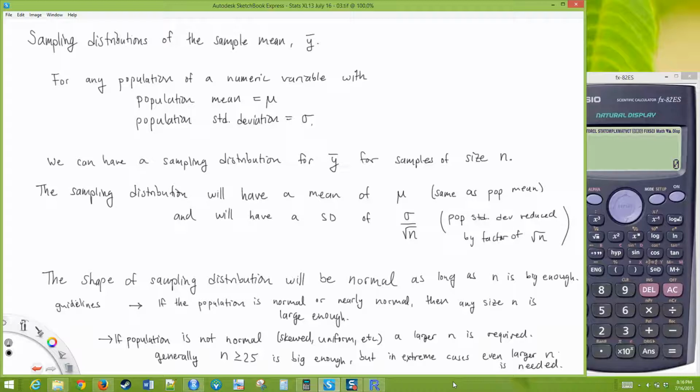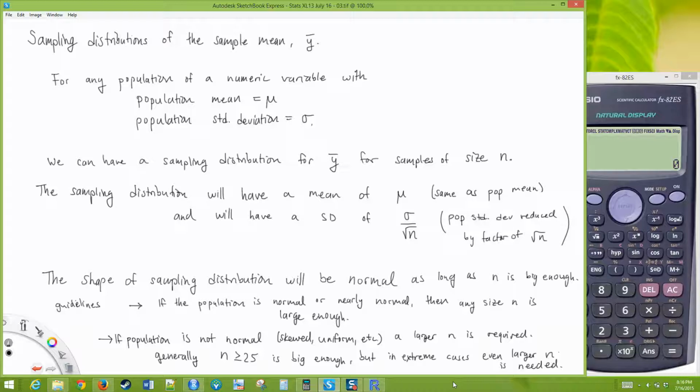Okay? And so, for example, extreme skew, income distributions are extremely skewed because you have people making literally 1,000 times as much as someone else, on an annual basis. Samples of size, I don't know, even 100 probably won't fix that.